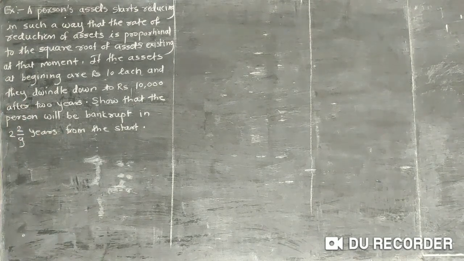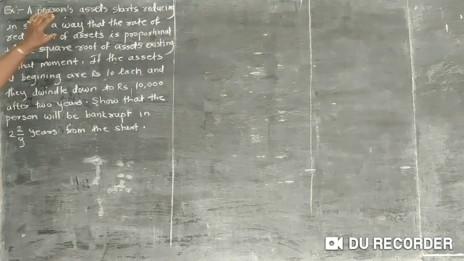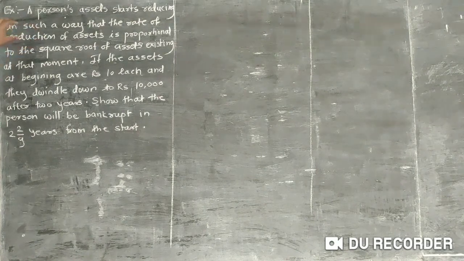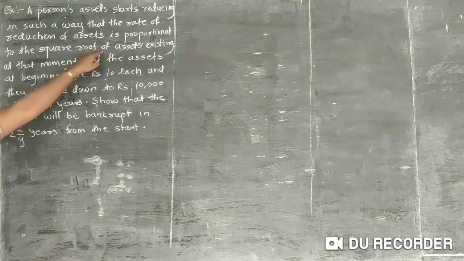Now look at what is given in this example: a person's assets are reducing in such a way that the rate of reduction is proportional to the square root of assets.